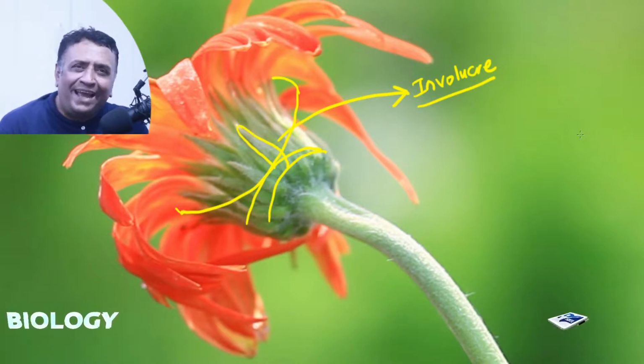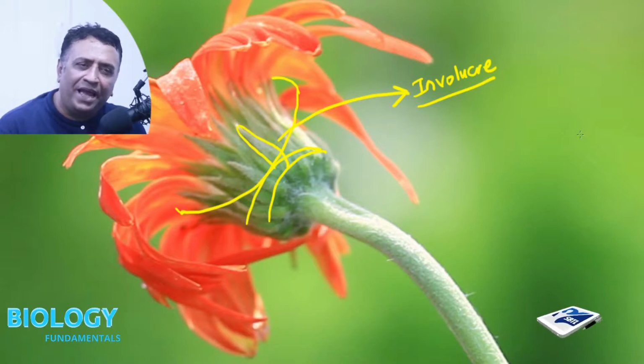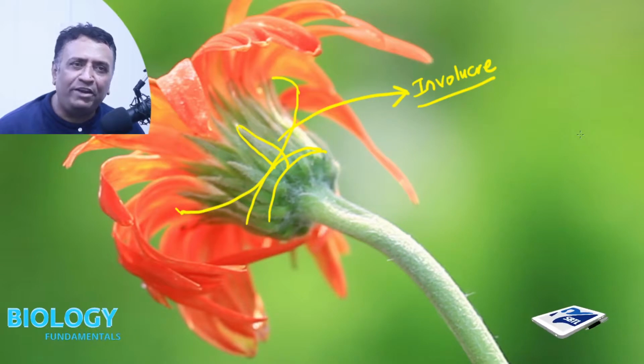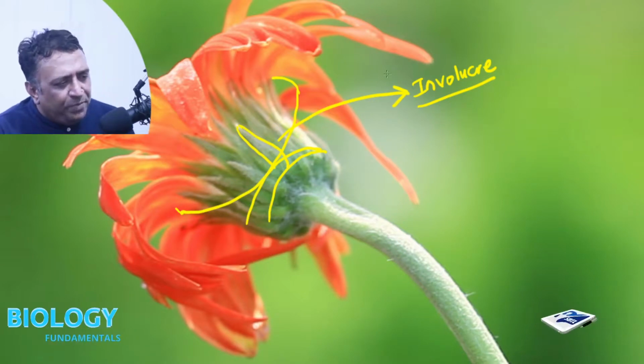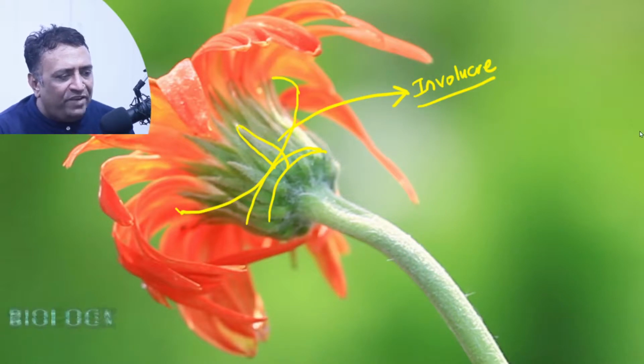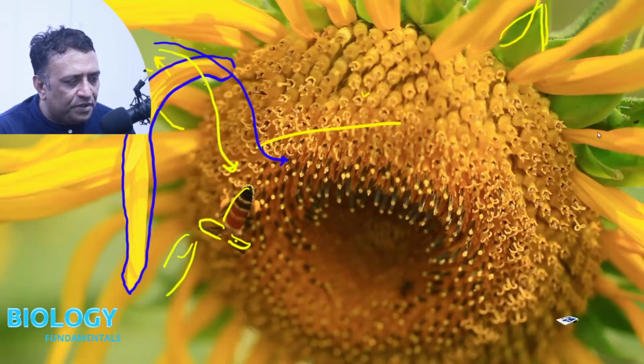The inflorescence found in carrots is umbel type, and in that there is found such a whorled arrangement of bracts, and that is also called involucel or involucre.